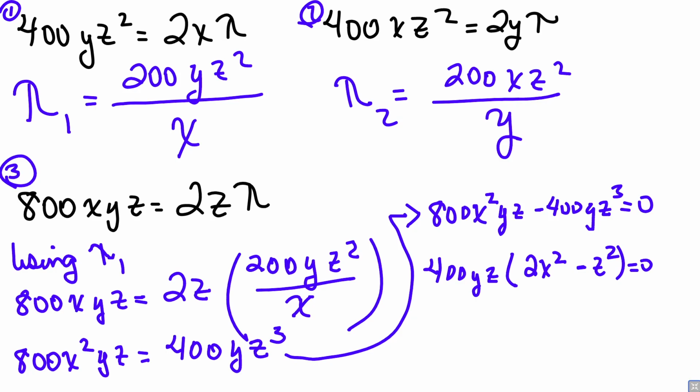So what we can do is set each factor to 0. So we have 400yz is equal to 0, or we're basically going to have that yz is 0.